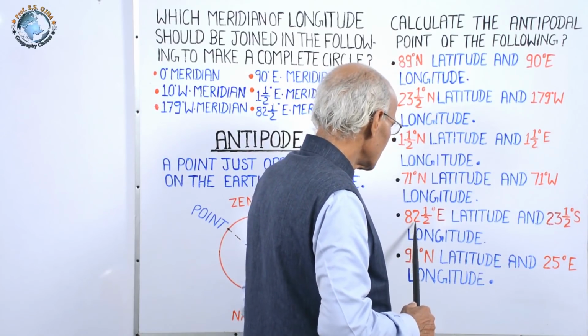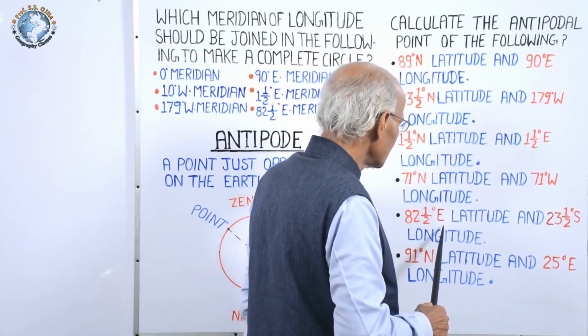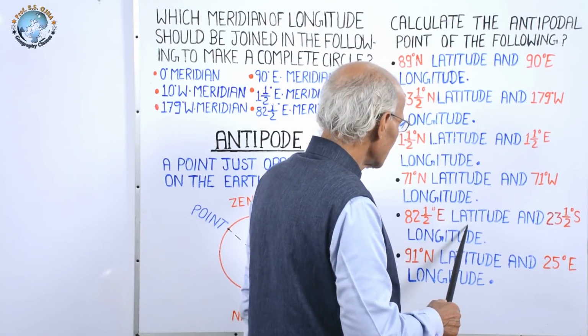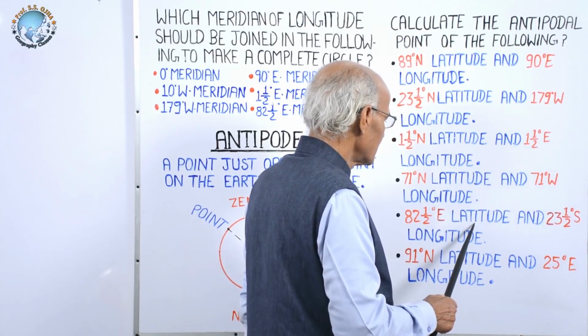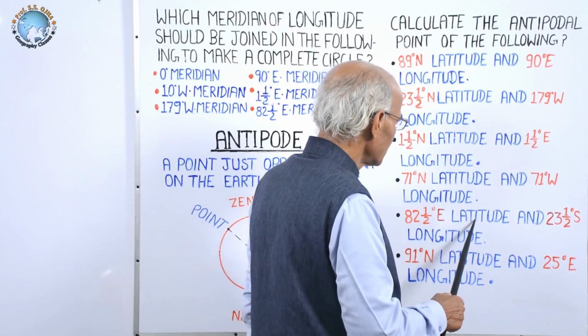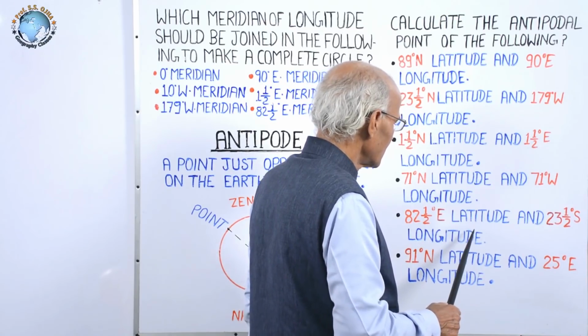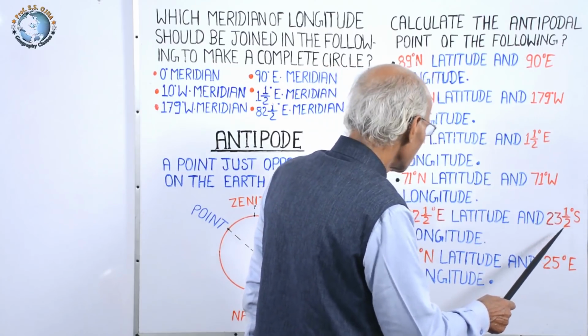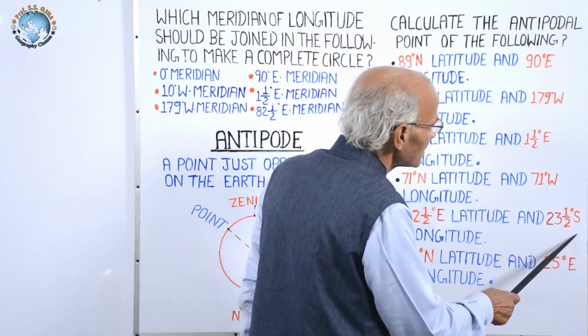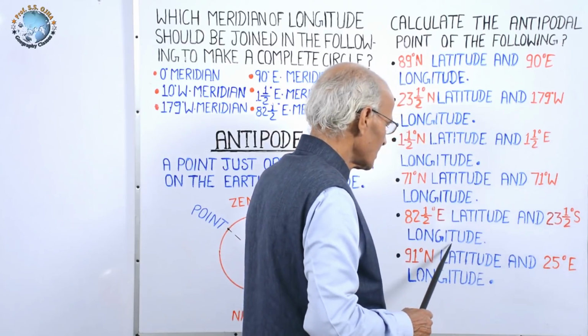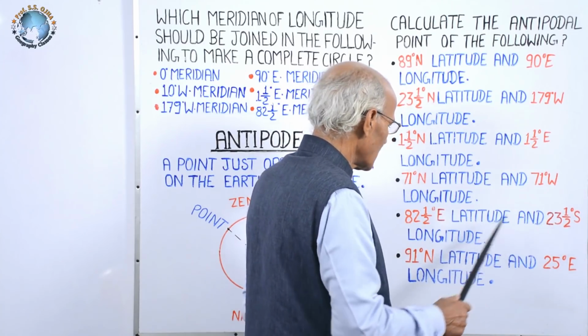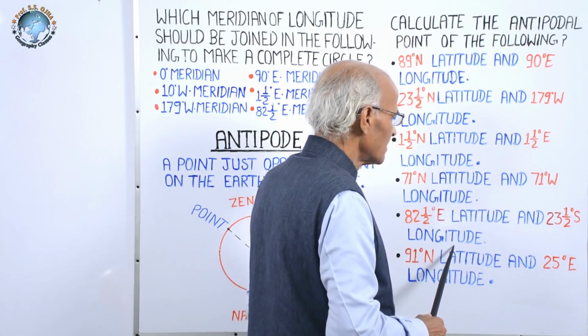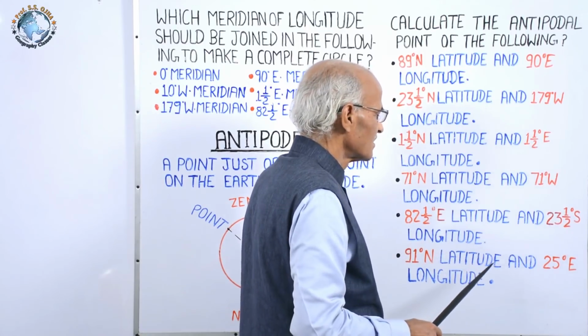Now this is 82.5 degree east latitude. It is doubtful because latitudes are not east. And 23.5 degree south longitude is not possible. There is some doubt.